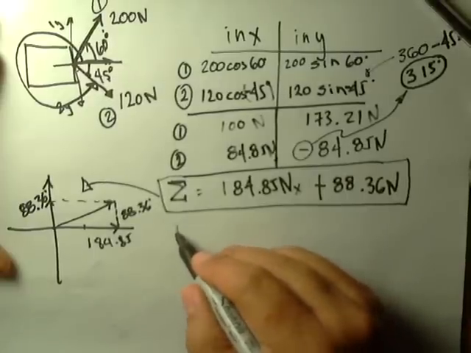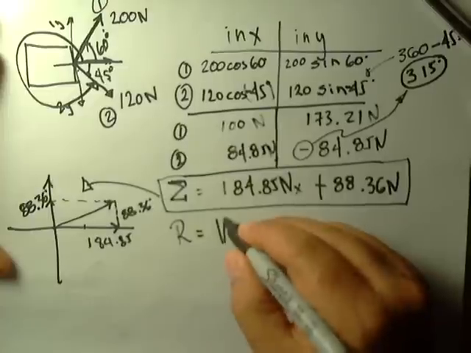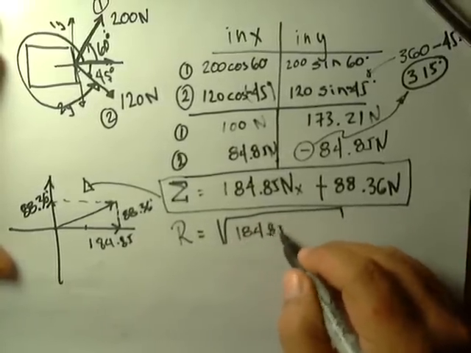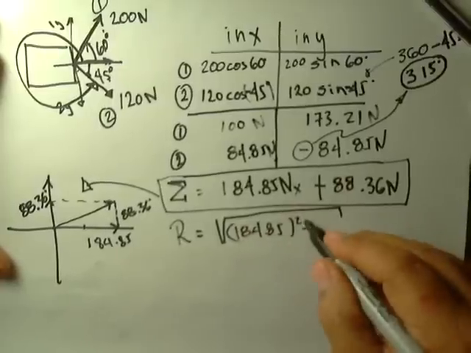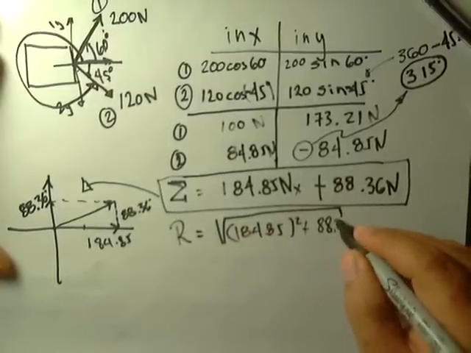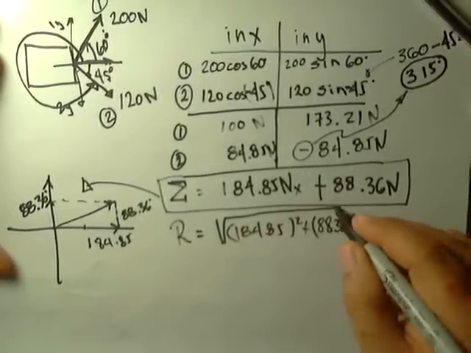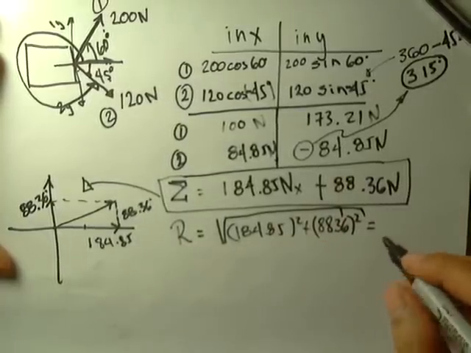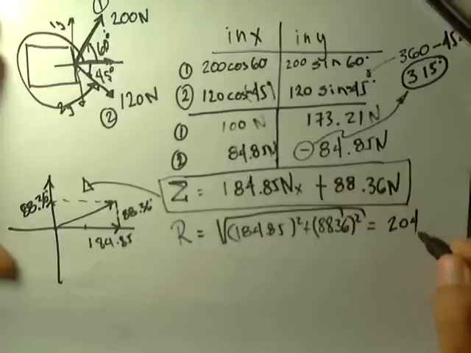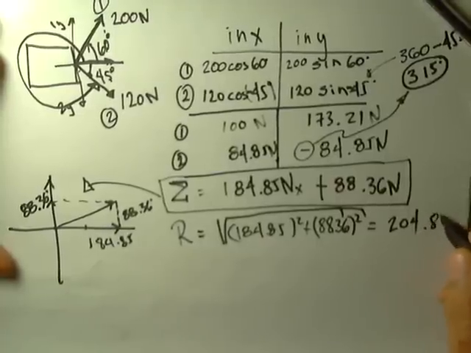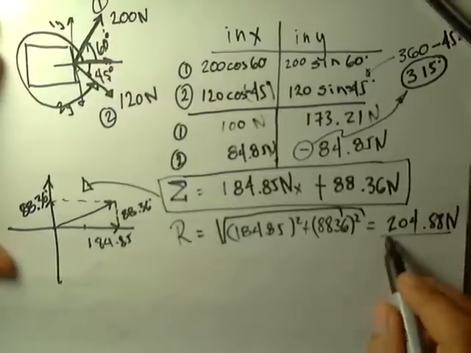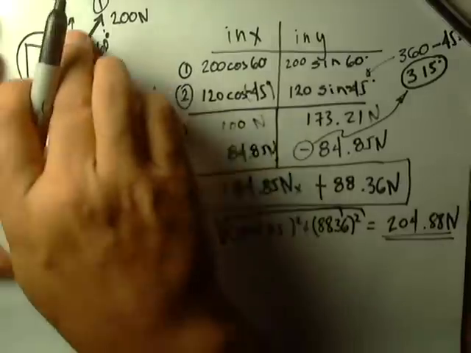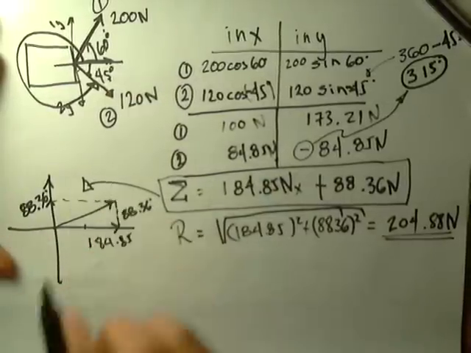So R, let's call R the resultant, is going to be equal to the square root of 184.85 squared plus 88.36 squared, and this calculation will lead us to 204.88 newtons. So this is going to be the magnitude of the sum, the addition of these two vectors, and it will be in that direction.